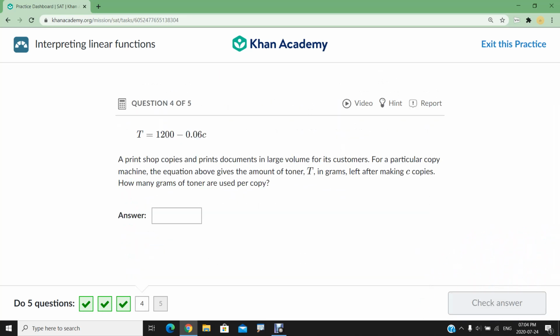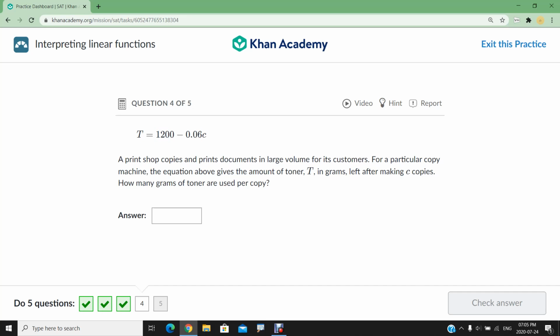Let's go. Print shop copies and prints documents in large volume for its customers. For a particular copy machine, the equation above gives the amount of toner T in grams left after making C copies. How many grams of toner are used per copy? Okay, this is actually very obvious because they're saying T gives the amount of toner in grams left after making C copies.